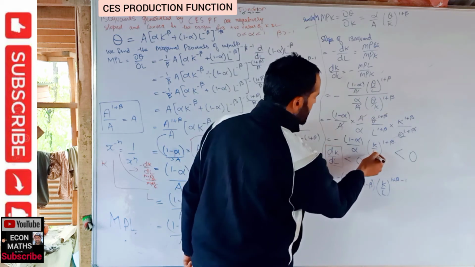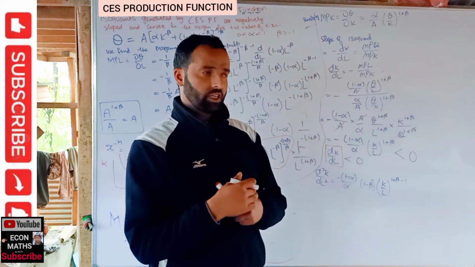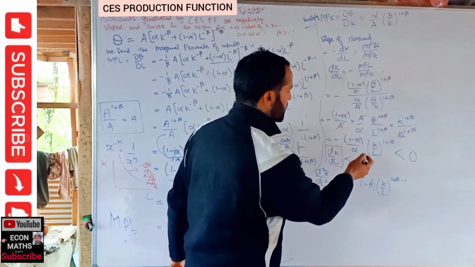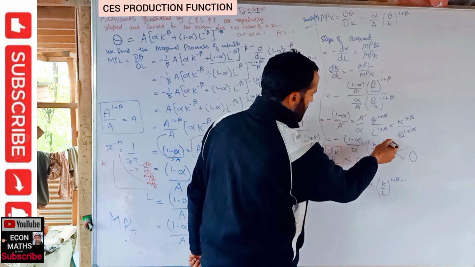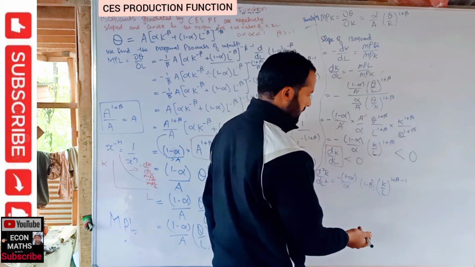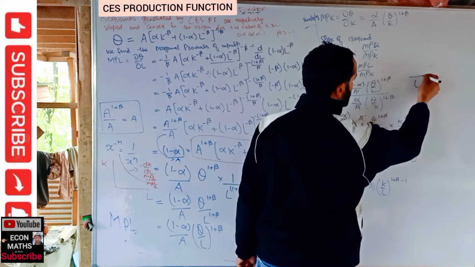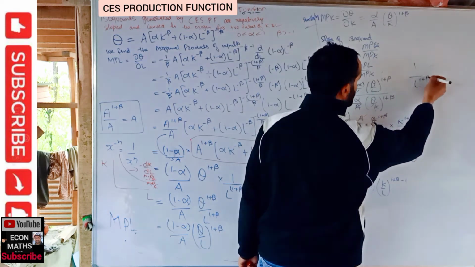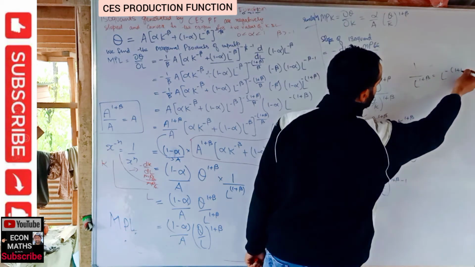Again differentiating this L by the generalized power function rule, we have to differentiate this L also. Here it is L to the power 1 plus beta, and when transposing it becomes L to the power minus 1 plus beta.